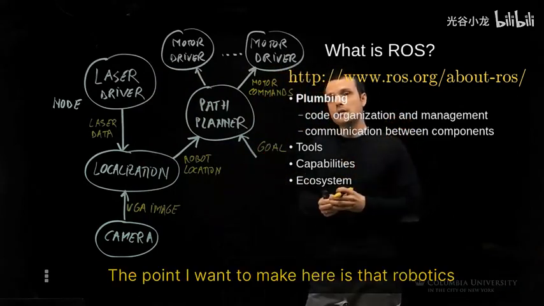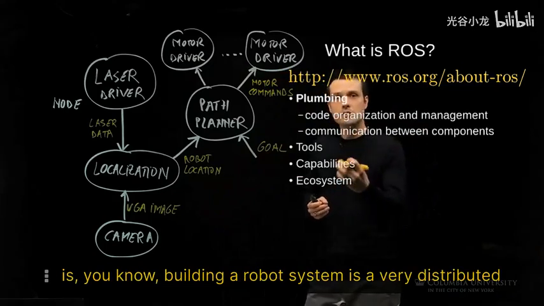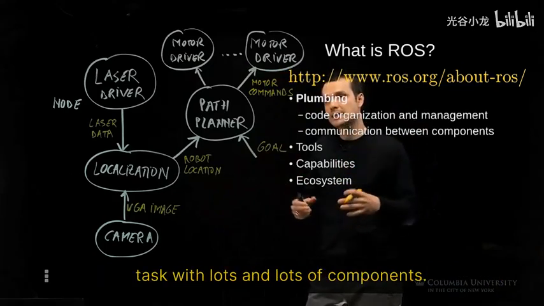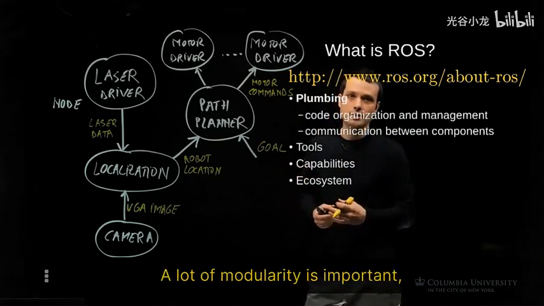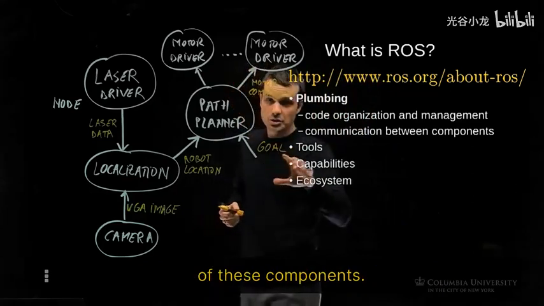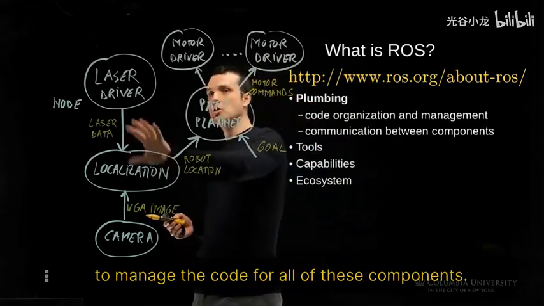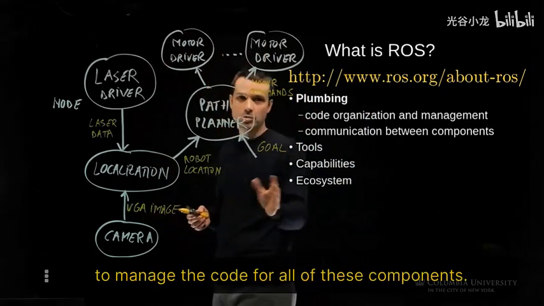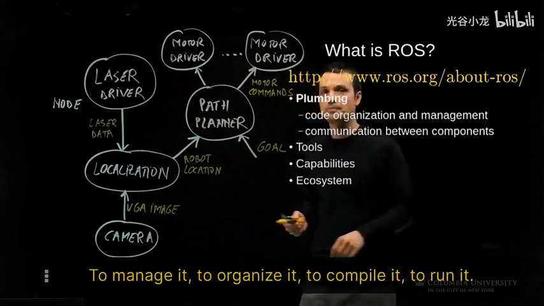The point I want to make here is that building a robot system is a very distributed task with lots and lots of components. A lot of modularity is important, and there's a lot of communication between all of these components. So what ROS does is give you a way to manage the code for all of these components, to organize it, to compile it, to run it.